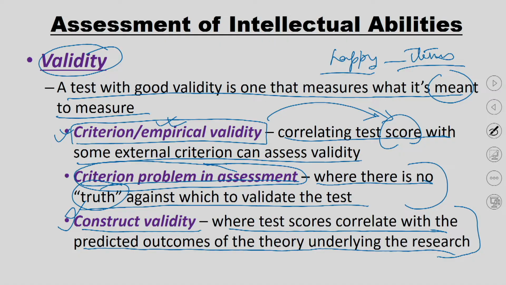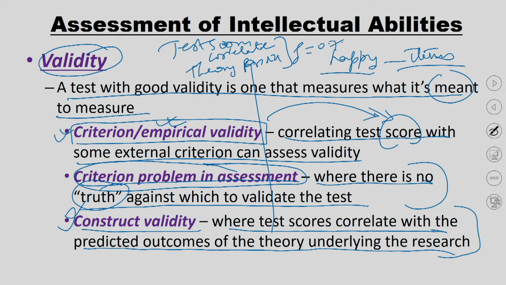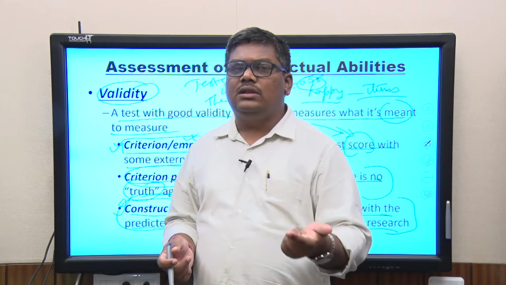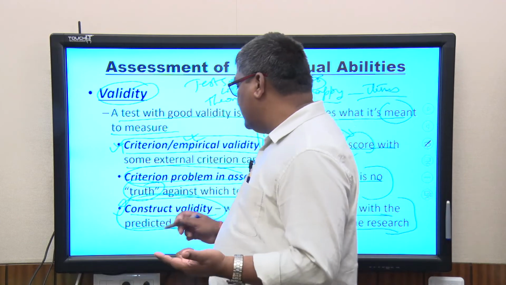if my test scores correlate with the theory's prediction, and the rho value is, let us say, 0.70, I say that my test has construct validity, because the construct achievement motivation is defined by some theory, and if my test gives a similar score to what the theory says, then the test is supposed to have construct validity.